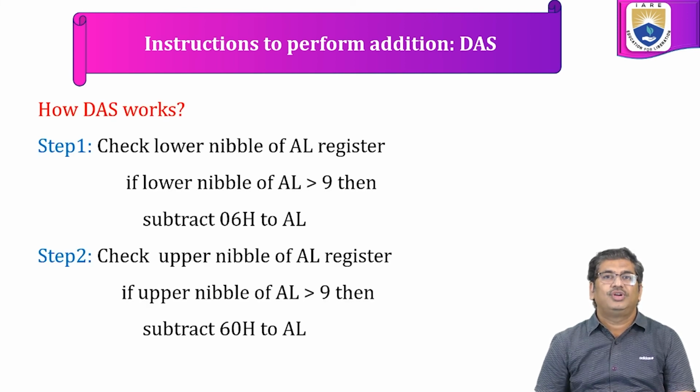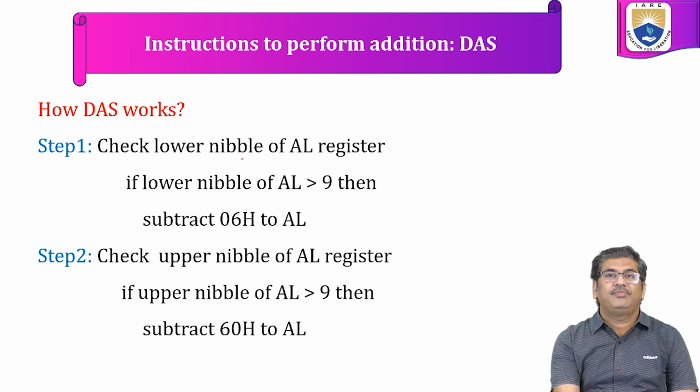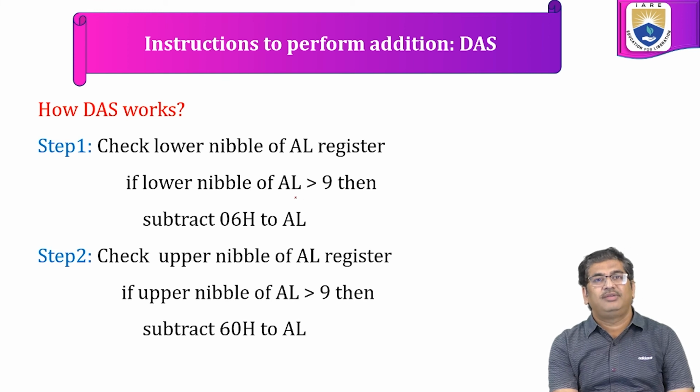The steps it is going to check are: first, examine the lower nibble of the AL register. If the lower nibble of AL is not a valid BCD number, that is, greater than 9, then subtract 6 from the AL register. After the first step, check the upper nibble of the AL register.